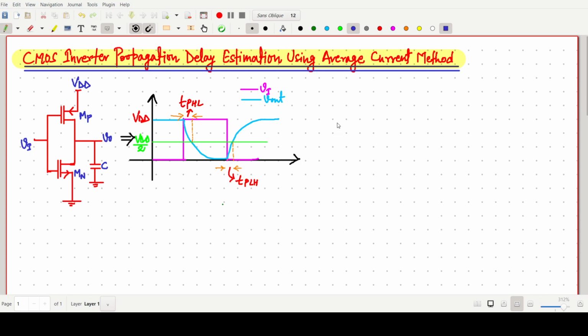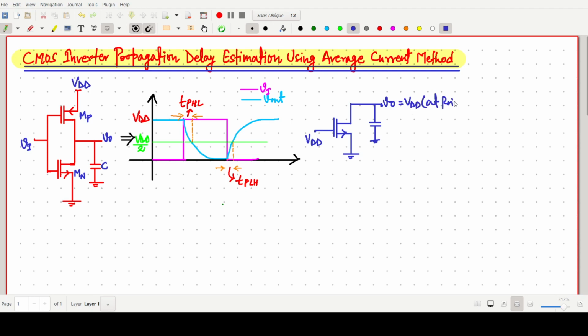For that, I am just drawing the equivalent circuit. When the input is high, VDD, the capacitor is first fully charged. So during that time, the capacitor is fully charged, so V naught is VDD.